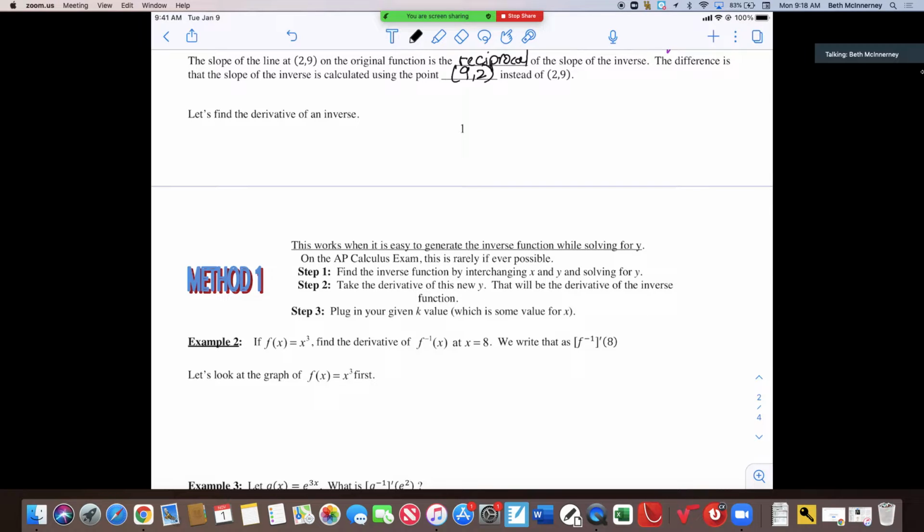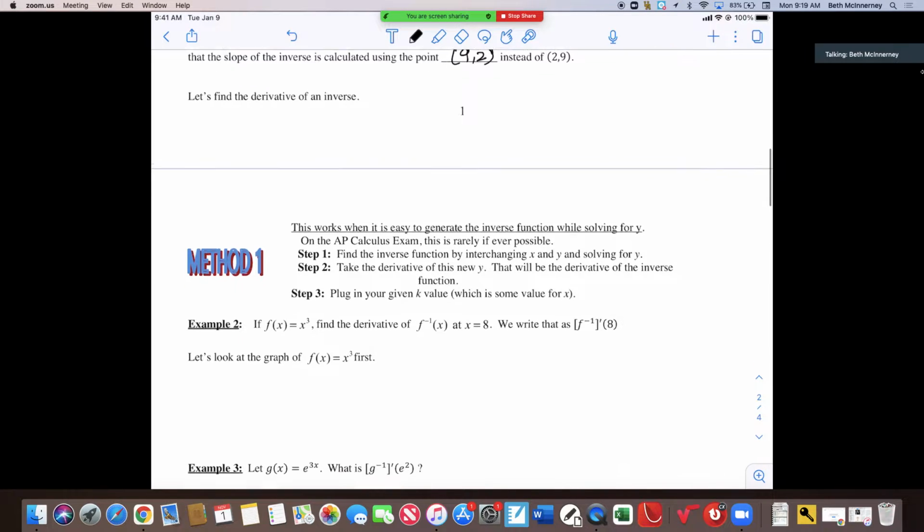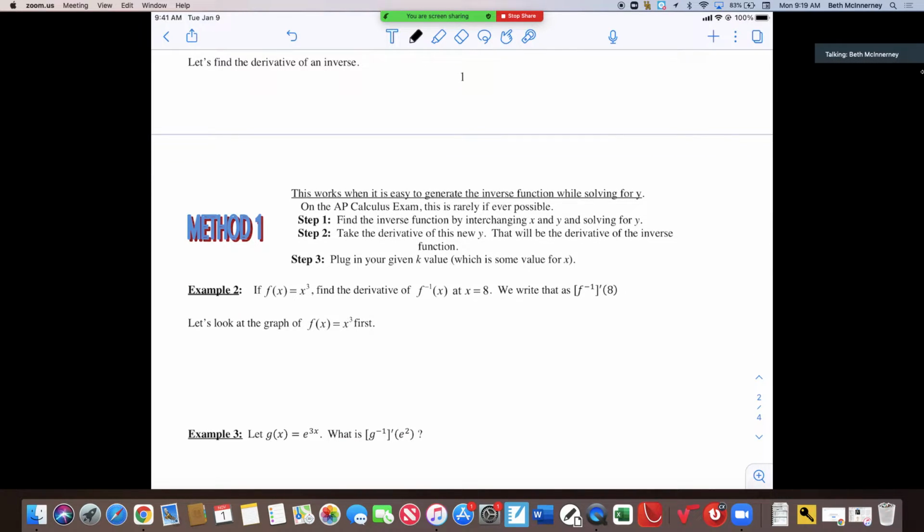This method works when it's easy to generate the inverse function while solving for y. On the AP Calc exam, this one's rarely used because it's too easy, but we're going to go ahead and do it just because it could occur. So step 1 is you are going to find the inverse function by switching x and y.